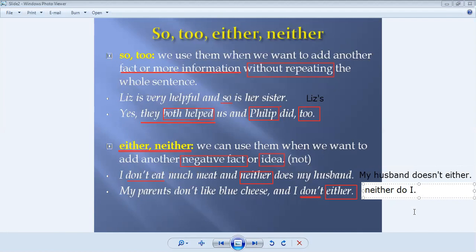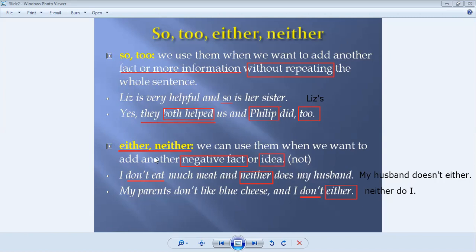This is grammatically correct, but have a look here. When you use don't, you're going to use neither to start the sentence. Like, I don't eat much meat. My husband doesn't either. Or neither does my husband.